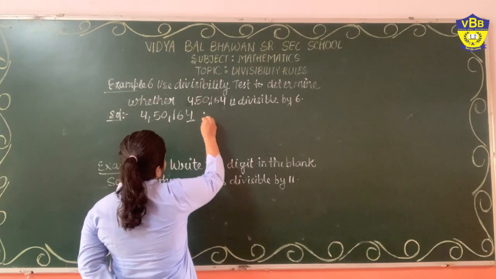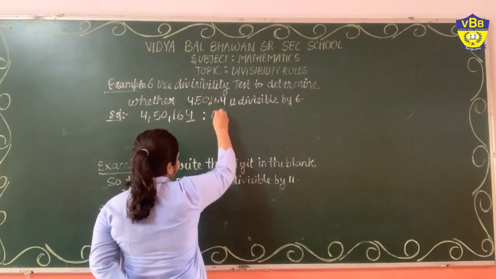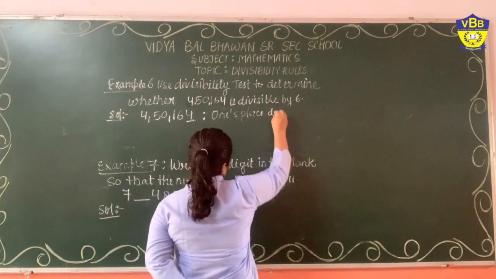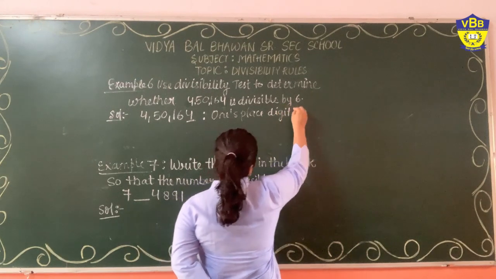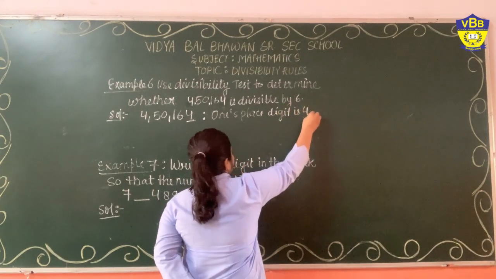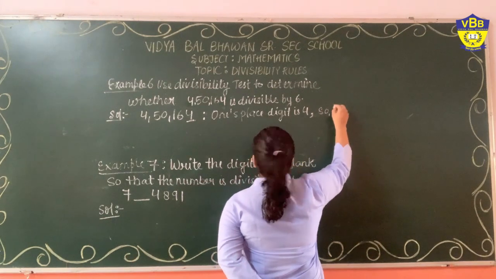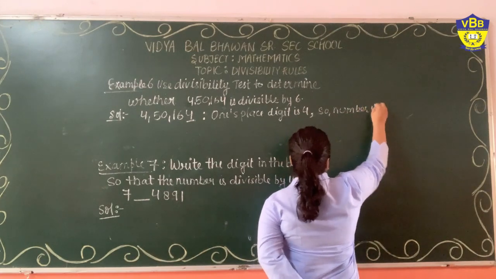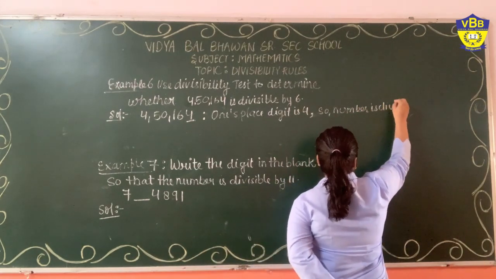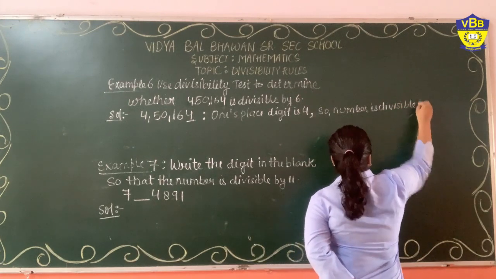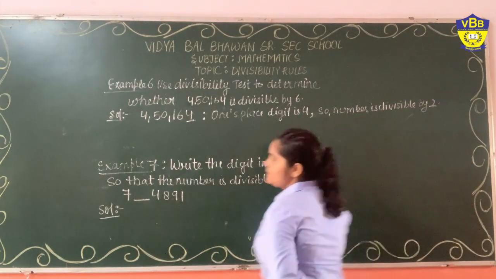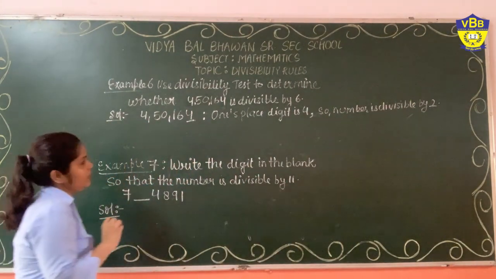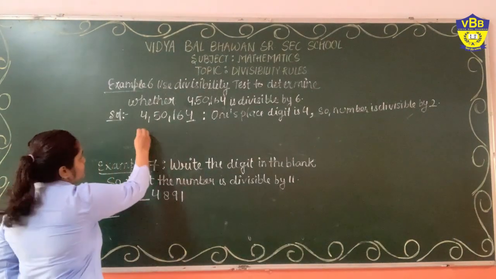So the number is divisible by 2. Next we have to check if it is divisible by 3 or not.